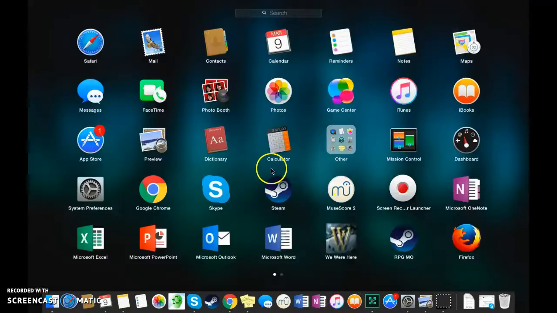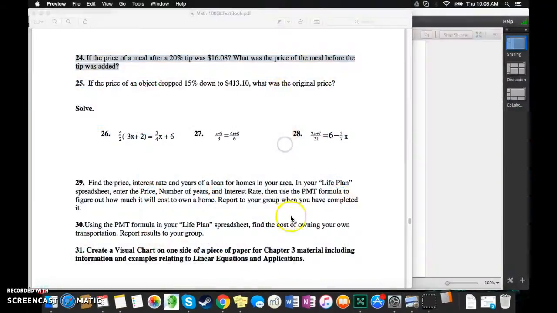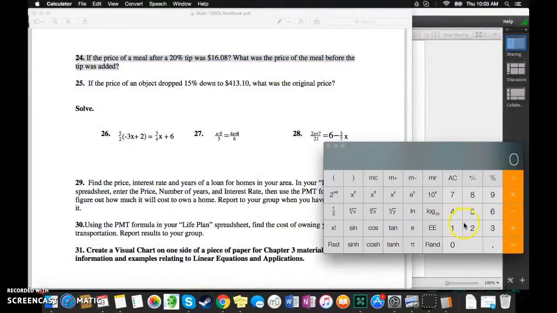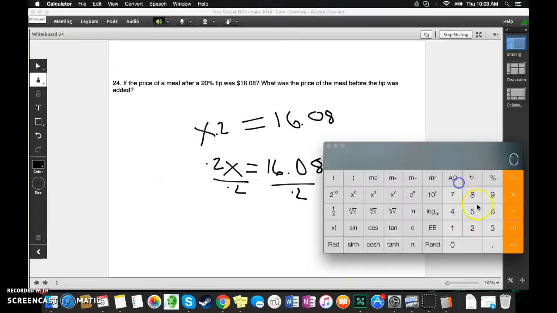I must have closed it. All right, 16.08 divided by 0.2 gave us 80.4.